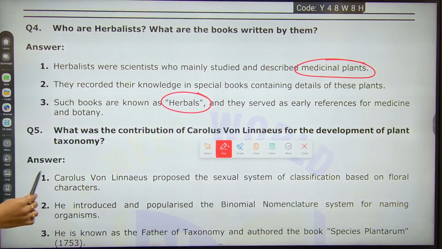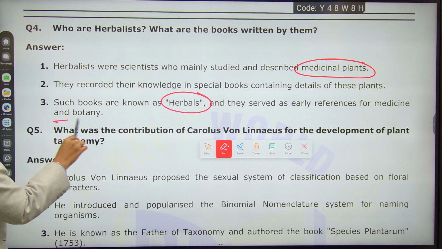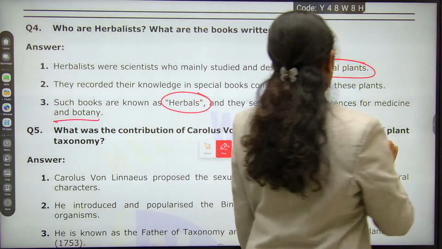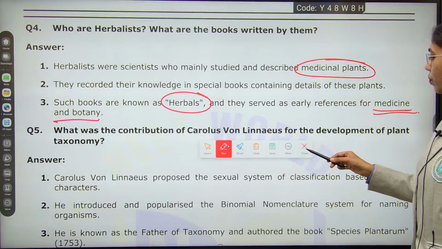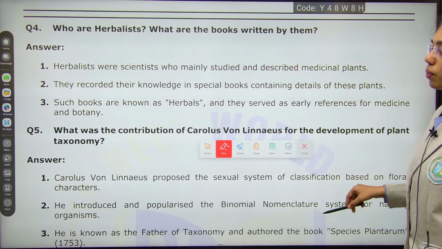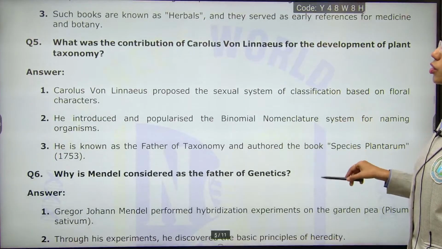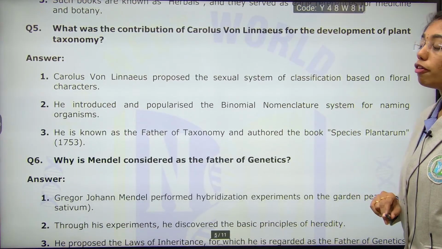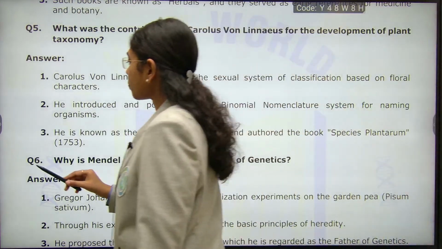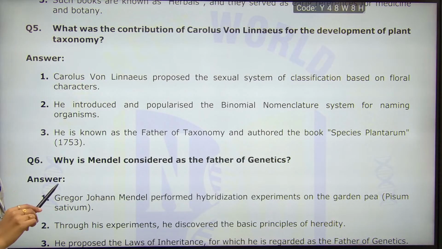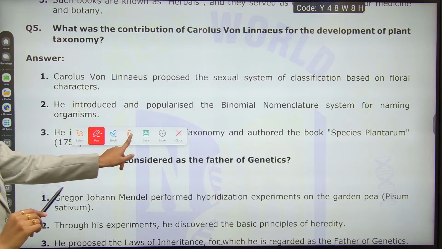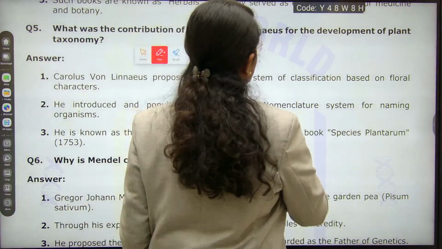They served as early references for medicine and botany. What was the contribution of Carolus von Linnaeus for development of plant taxonomy? Carolus von Linnaeus proposed the sexual system of classification.